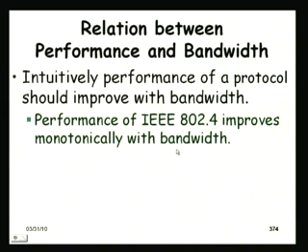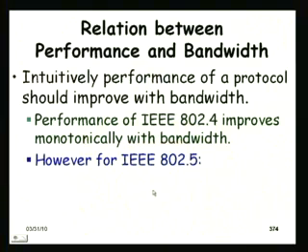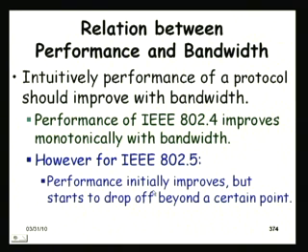As more and more bandwidth became available, or the network became faster, it could schedule more and more message sets. But for the 802.5, the performance initially improved, but then after a certain point it started to drop off. But let us understand why this behavior.